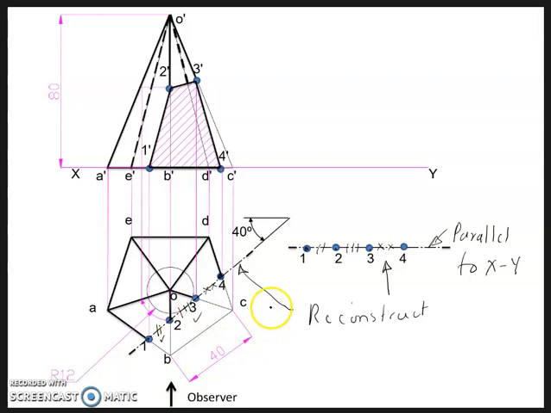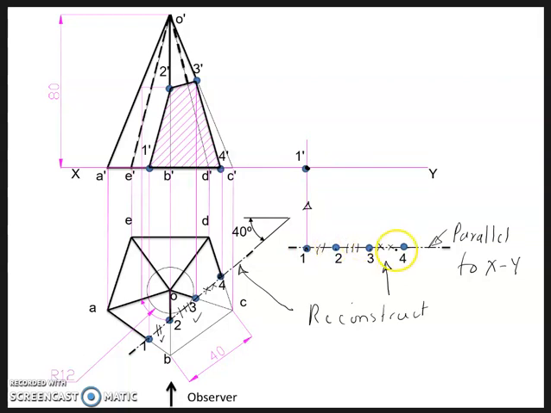Right. Once you draw the section plane, draw projectors from all the 4 points. Okay. So starting with 1, drop a projector from 1. Now 1 lies on the xy line. Okay. So mark the intersection point. So that is your 1 dash.